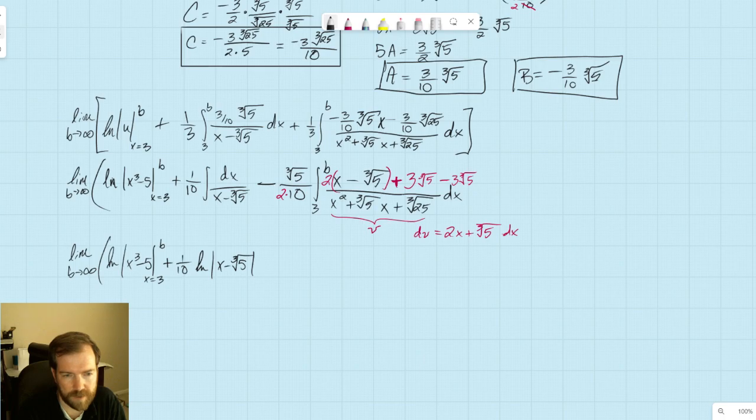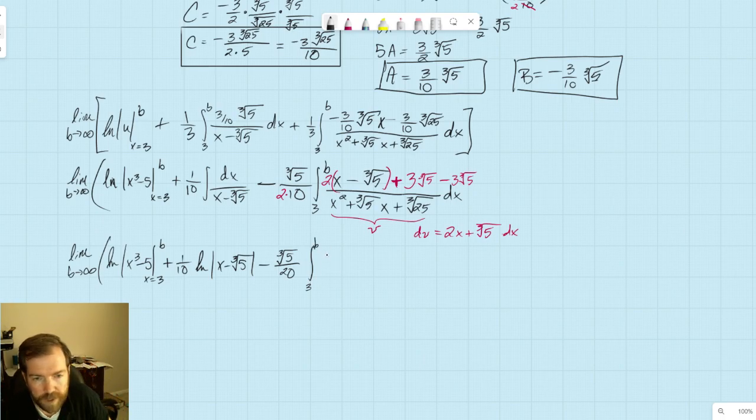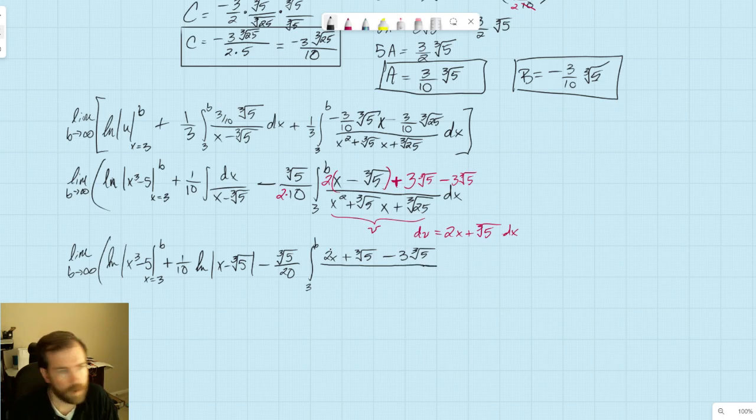And then in this group, this is going to be a minus cube root of 5 divided by 20 times the integral from 3 to b of 2x plus 1 cube root of 5 minus 3 cube roots of 5 for balance, all divided by, hooray, here we've got our x squared plus cube root of 5x plus cube root of 25.